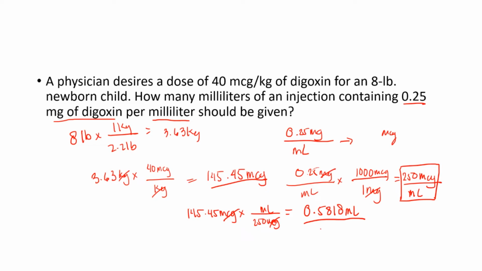So medyo delikado tong ginawa natin kasi pwede nyo makaligtaan yung micrograms. Okay, kung hindi man kayo nag-convert nung milligrams to micrograms, it could have been a very little amount of ml.